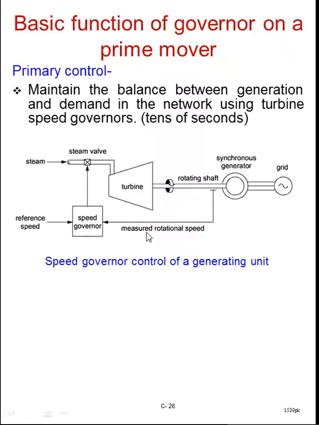There is also a feedback signal, a measured speed signal from the shaft of the generating unit, and this generator is connected to the grid here. Thus, in a primary function way, the governors will maintain a balance between the generation and the demand.